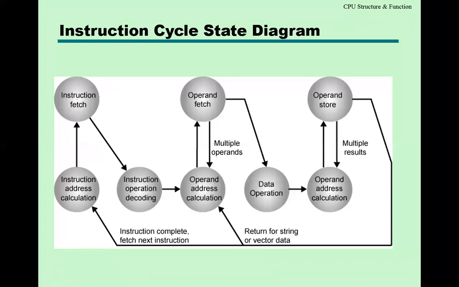This is the instruction fetch cycle: in the instruction fetch cycle, your instruction is loaded from main memory to the IR. Then instruction operation decoding. Then the ALU has to decode the instruction.